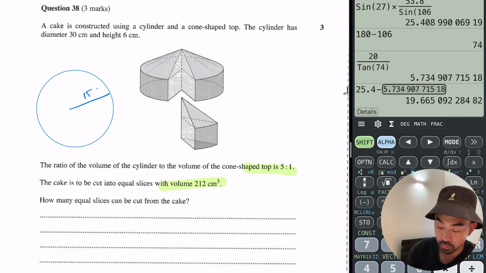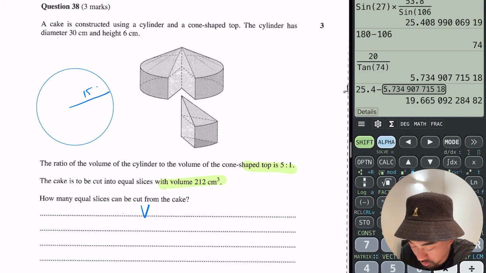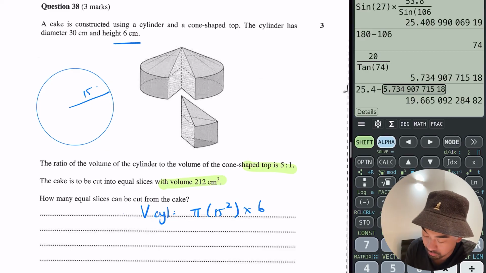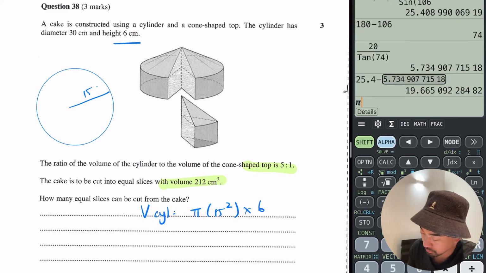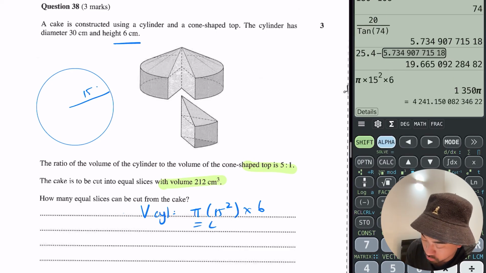All right, well, let's just work out the volume of the whole thing, if you can work it out. So the volume of the cylinder, to start off with, is pi times 15 squared times the height, which they tell us is 6. So that is 4241.15.